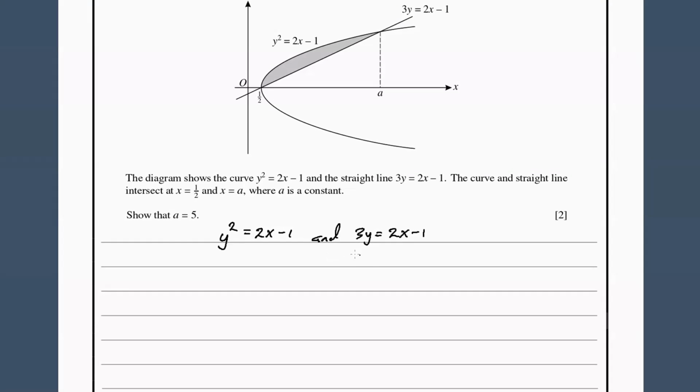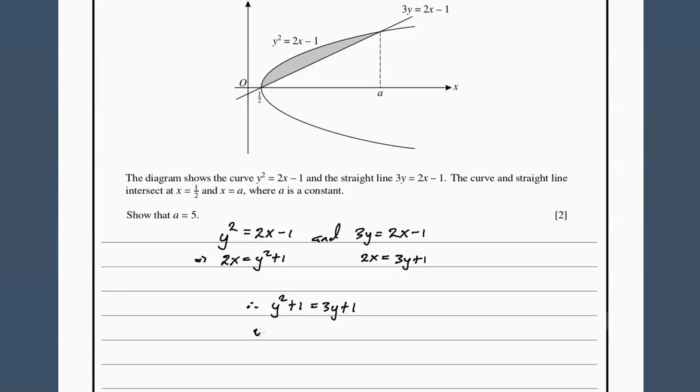Or another way would be to consider that from this first equation, we can make 2x the subject to be y squared plus 1, and here we can make 2x the subject to be 3y plus 1. And therefore, since these are all 2x's, we can say y squared plus 1 is equal to 3y plus 1.